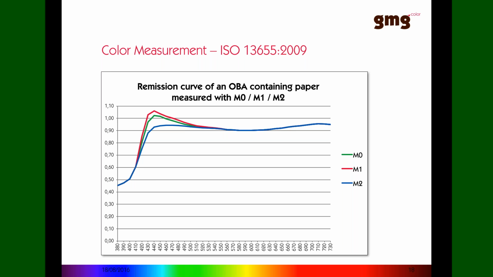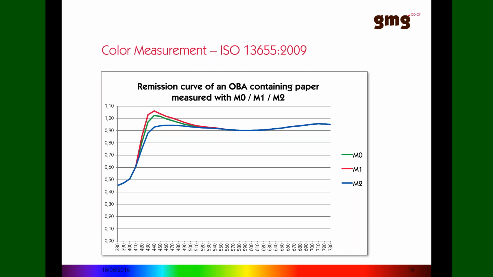So that's what OBAs are about. And here we measure a media, a paper that contains optical brightening agents, and we measured it with M0, M1, and M2. The green line in the middle is the measurement with M0, so we used a measuring device with undefined UV content in the light source.